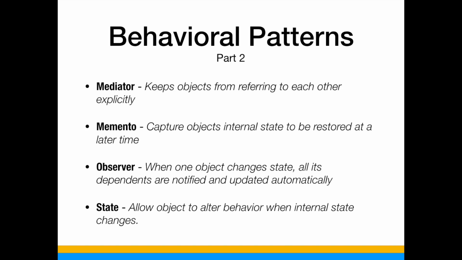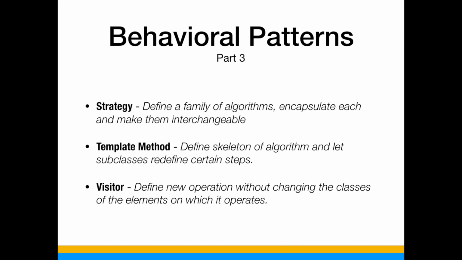Then we have the state, which essentially allows the state to alter the behavior when something changes and also to control it better. The strategy, which is how to choose, given a certain family of algorithms, which algorithm to use.